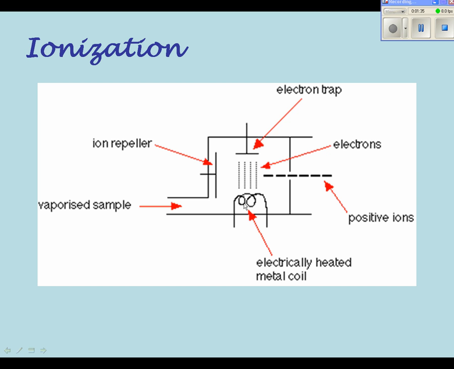So as this metal coil warms up, electrons are exuded from it and they rapidly travel through this region of the chamber towards the plate on the other side. In the process, any atoms or molecules that get in the way might be hit by some of these fast-moving electrons, causing the molecule to ionize. Now, exactly how it ionizes is the topic of the next slide.